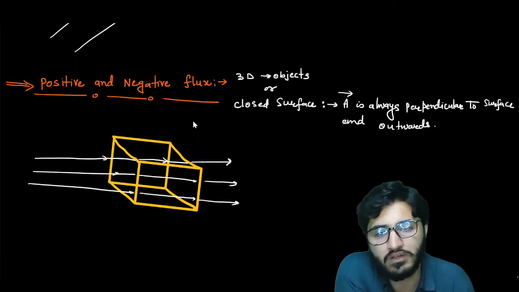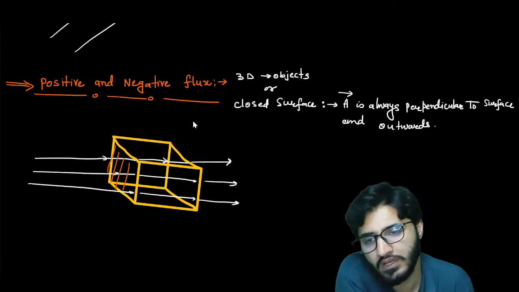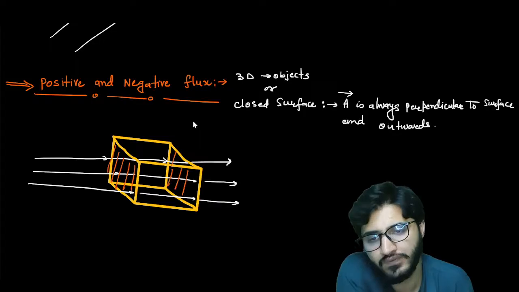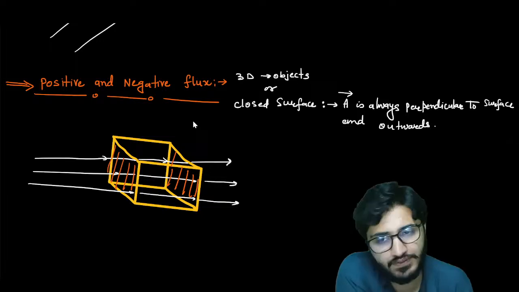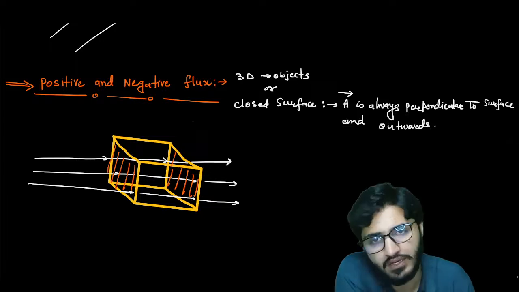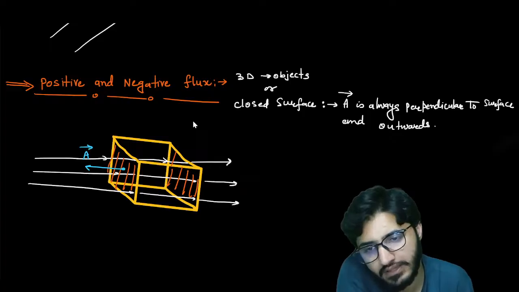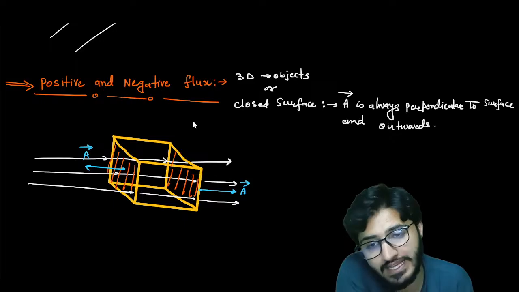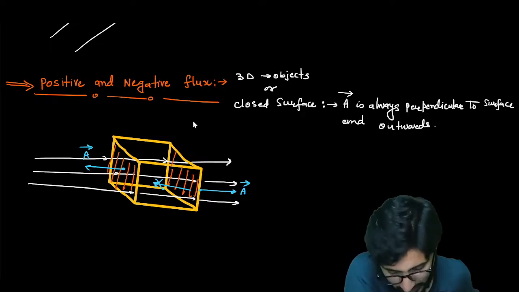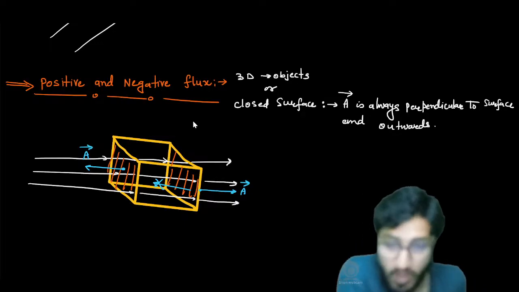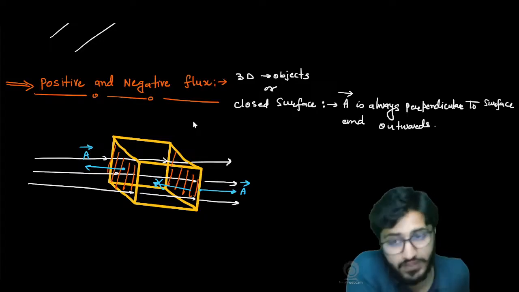If we look, this is one surface, two, 3, 4, 5, and 6. Here, the area vector will be outwards and perpendicular. These area vectors won't be inside; always outwards and perpendicular.